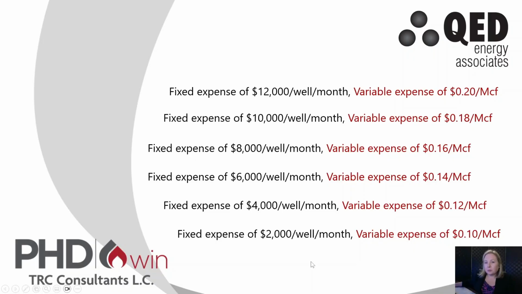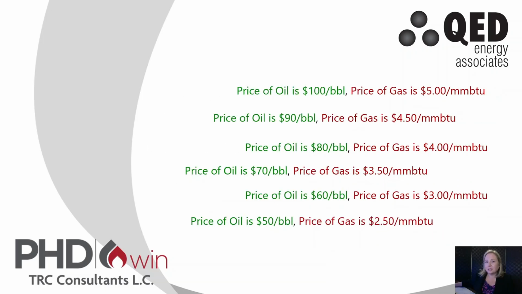My question for you is, what if we needed to put together a best case scenario? I'm going to ask you to pick which price deck and which expenses setup we would use if we were going to put together a best case scenario for our wells that are in our database. Which price deck would you choose?